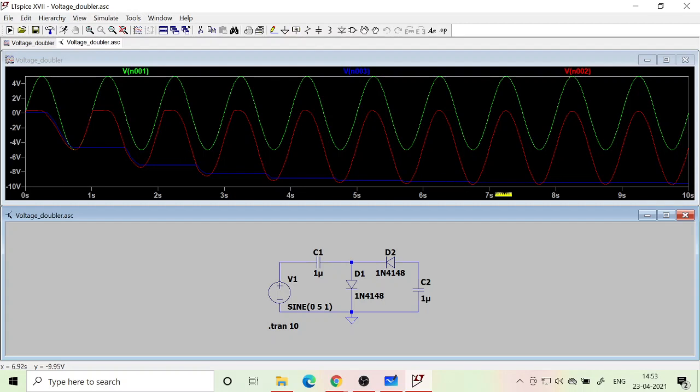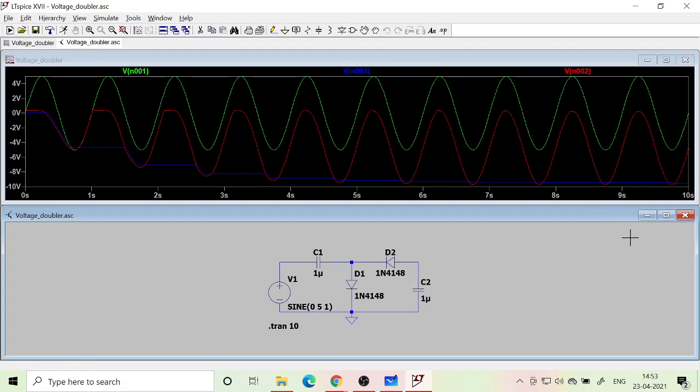So whenever the red line goes below the blue line, the diode D2 is forward biased, and initially it is forward biased for a longer time and then lesser. So only during the peak there is a slight time. Still, after 10 cycles it has not completely reached the final value. Still some amount of transient is left.